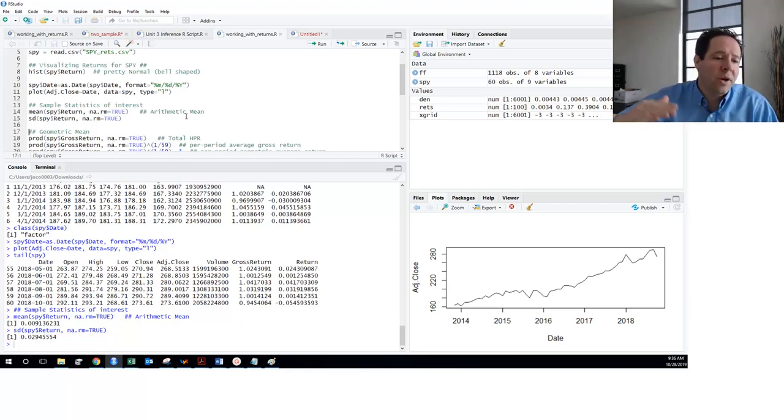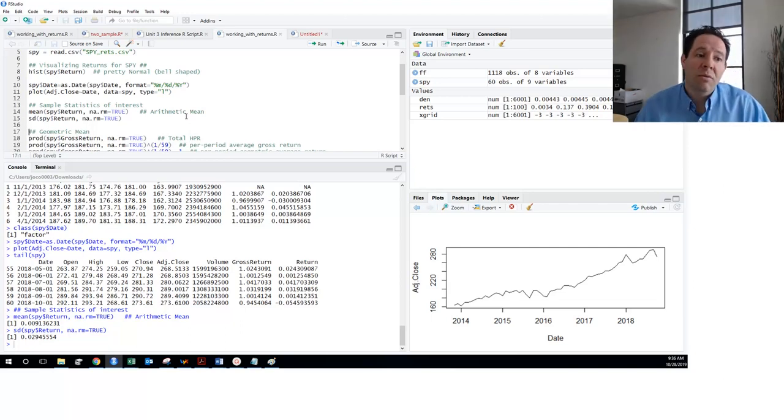So there's actually quite a bit of volatility in this S&P 500 index fund. That's pretty natural in an investments context. 0.9% is 0.9% per month. So you can think of that loosely, you could multiply that by 12 to get an idea of what the annual returns have been over this period.